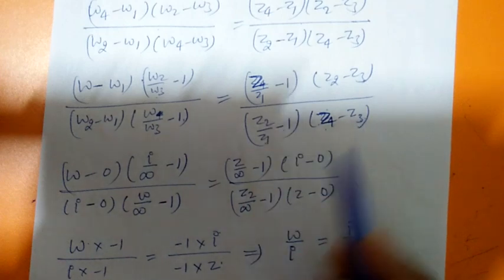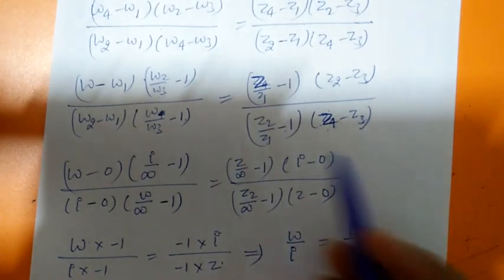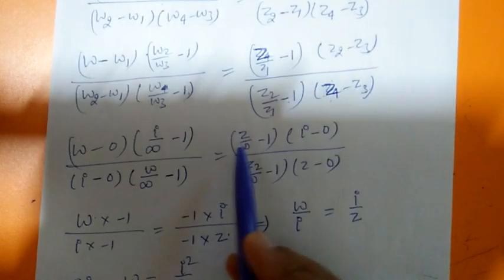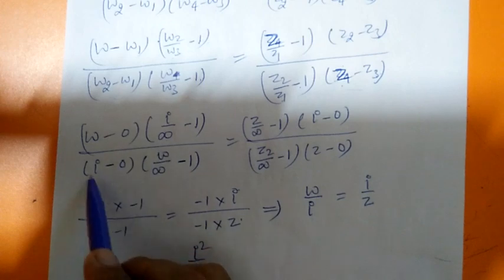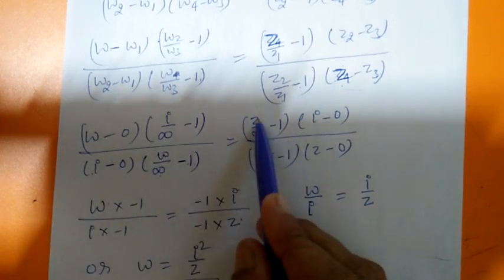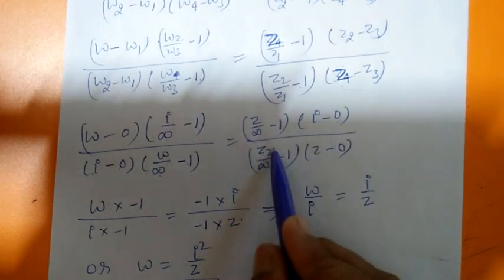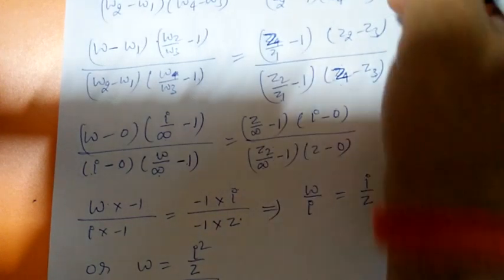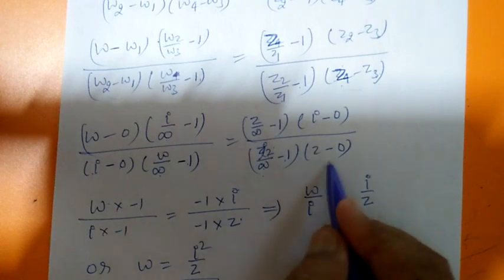So putting the values of the points on the z plane as well as the w plane, we obtain w minus 0 iota upon infinity minus 1 iota minus 0 w upon infinity minus 1. Same here, z upon infinity minus 1 iota minus 0, z2 upon infinity, here z2 is iota, so this is iota upon infinity minus 1 z minus 0.